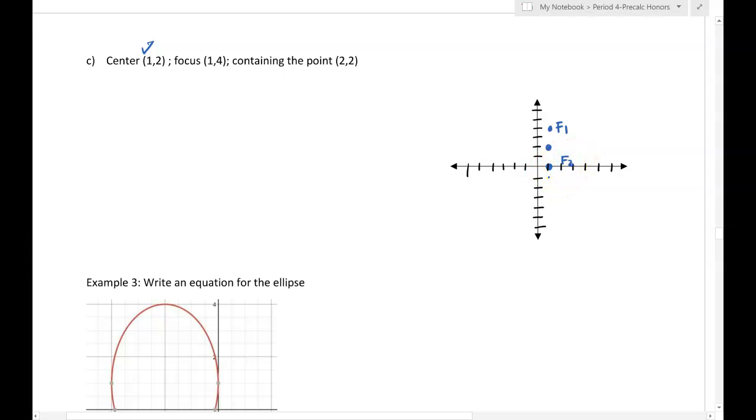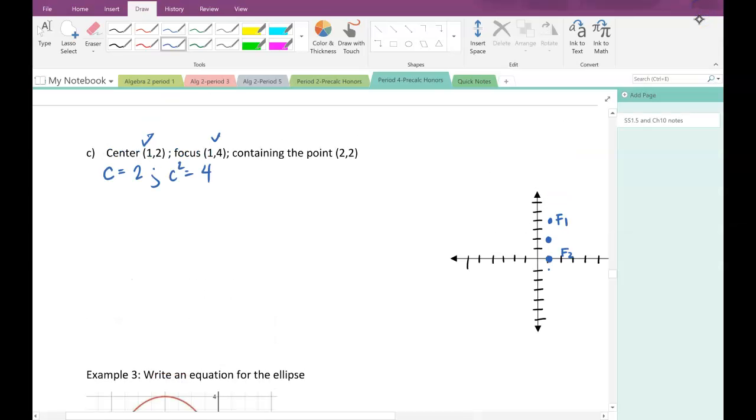Focus 2, just like that. So that means we know c is always from the center to one of the foci. c is 2 units, okay? So c squared equals 4. And it says containing the point 2, 2. So let's go plot 2, 2. 2, 2 is right there.